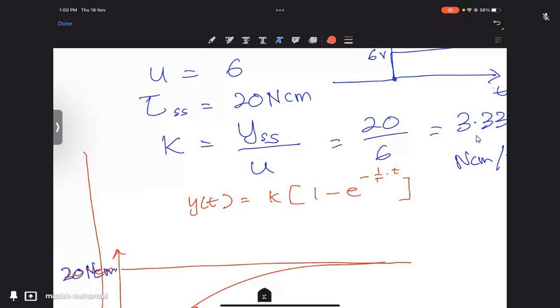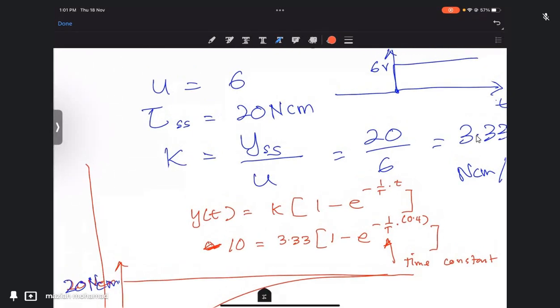So 10 Newton centimeter is equal to 3.33 multiplied with 1 minus exponent negative 0.4 over T, where T is the one that we want to find and the time is 0.4. You need to solve this equation to get the time constant. So we use the time response equation. Okay, understand doktor.